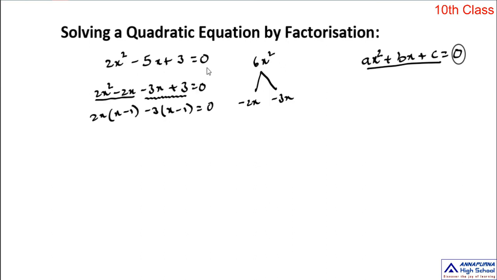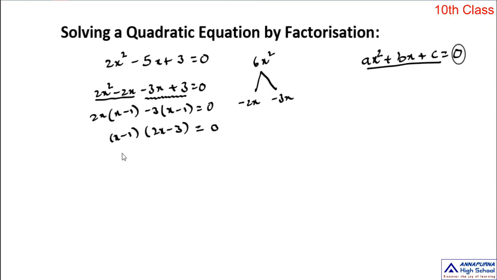In these two terms, what is the common factor? x minus 1 is the common factor. So x minus 1 into 2x minus 3 is equal to 0. That means the product of these two linear factors, x minus 1 and 2x minus 3, is equal to 0.